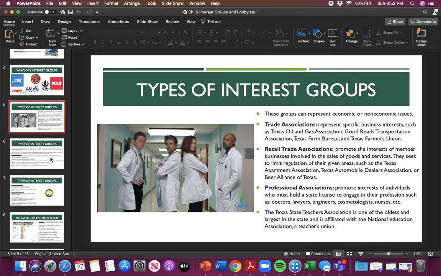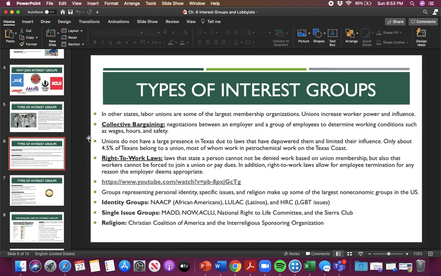We'll talk about unions as well here on this slide. If you don't know what a union is, unions used to have a lot of influence in our country, but they've been kind of marginalized. But unions are professional groups that allow employees in a certain field to come together and do what is called collective bargaining.